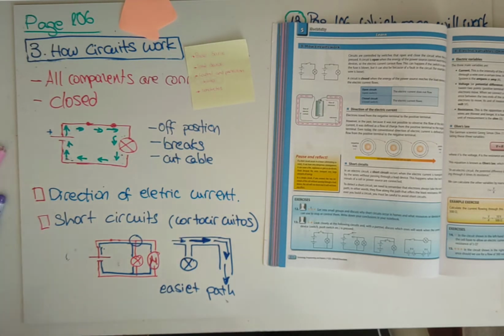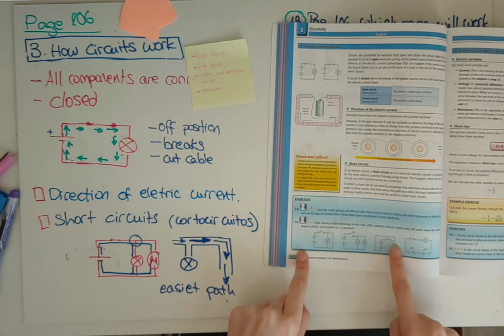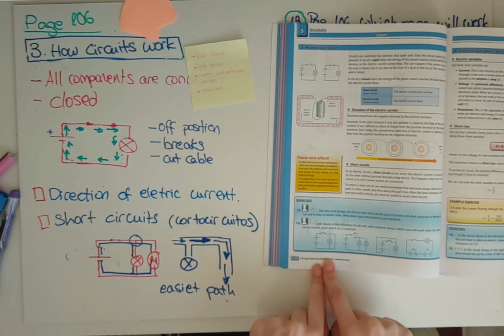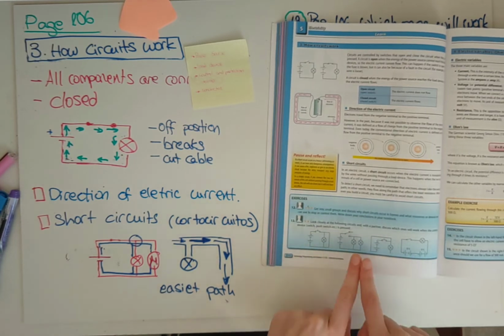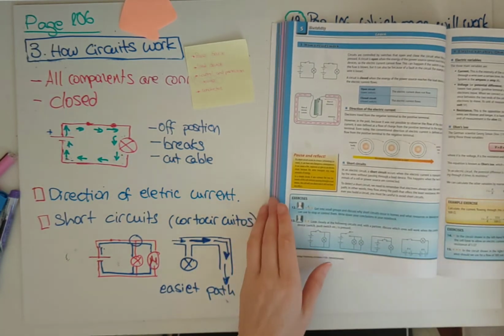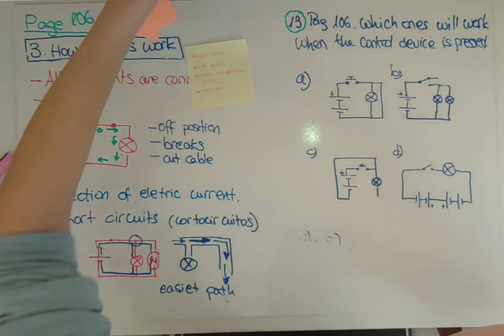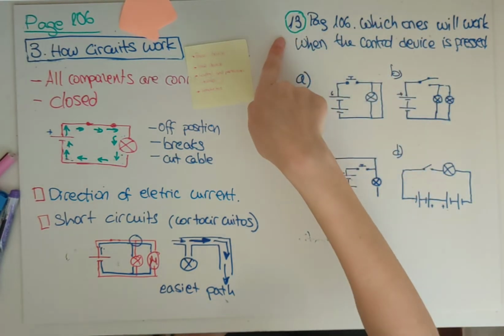Now, I want you to do exercise 13. I'm going to resolve this exercise explaining how, but I want you to copy it in your notebook if you have it, because it's a good exercise to practice, okay? Let's see. Page 106, exercise 13.